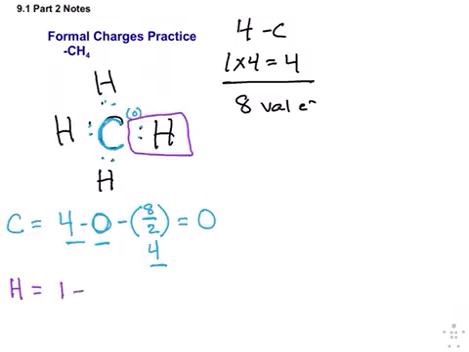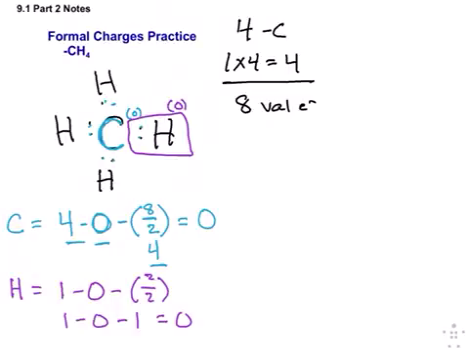Minus how many lone pair electrons are there? 0. Minus the number of bonding electrons divided by 2. How many bonding electrons do we have here? 2. So we'd have 1 minus 0 minus 1 equaling 0.